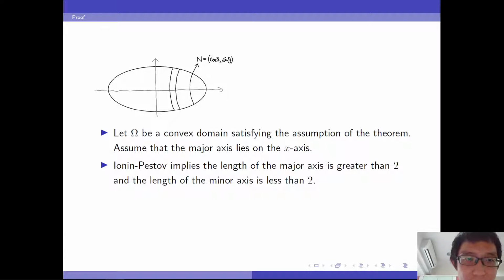So for omega, the Ionin-Pestov inequality implies that the maximum curvature, which is at the major axis, is greater than 1, and the minimum curvature, which is on the minor axis, is less than 1. These curvature estimates can be translated, with some work, into the fact that the length of the major axis is greater than 2, and the length of the minor axis is less than 2.